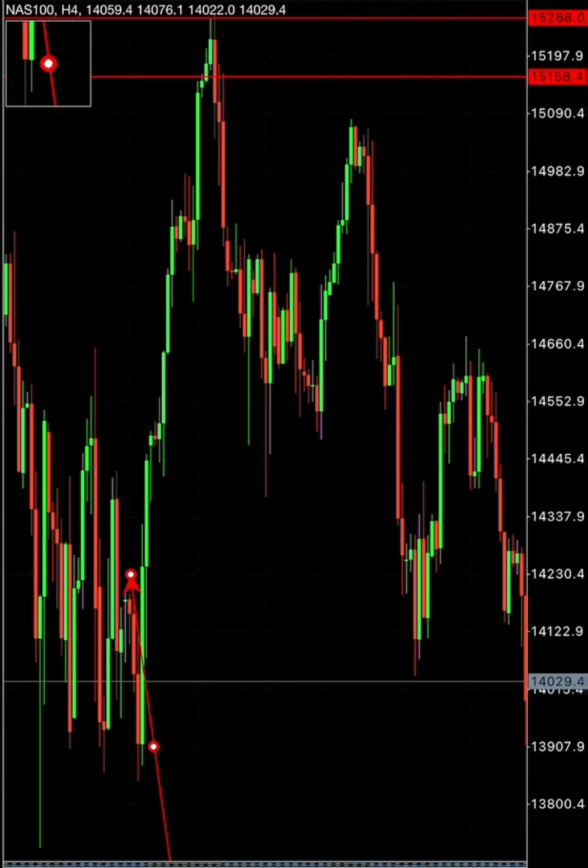If you don't know about the M formation, always know that this is the leg, and it should be quite long. The leg should be long. This leg you're seeing should be long.